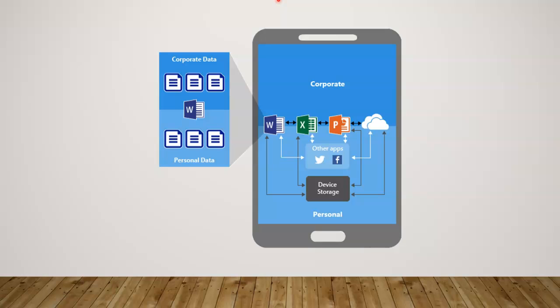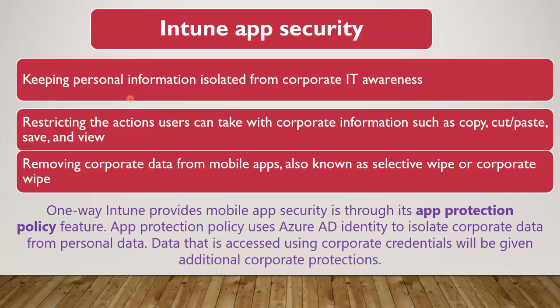Before going to further lectures, let's understand what exactly app protection is. Maybe by this time you might have understood a little bit, but let's go further. I want to go to the next slide. Yeah, so this is the slide which talks about application security from Microsoft Intune. What happens is your personal information is kept isolated from your corporate IT awareness, so that you have confidence in that device or management solution.